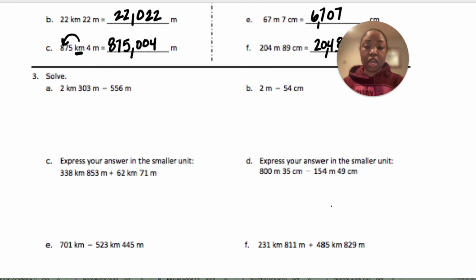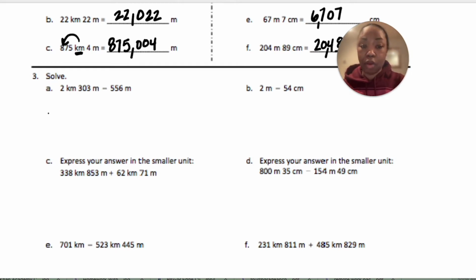Here we need to solve. So with these, you have some options. You can do a simplifying strategy where I'm doing it in my head, or you can use an algorithm. With the algorithm, you have the option to put it in smaller units or use mixed units. So I'm going to do A here.